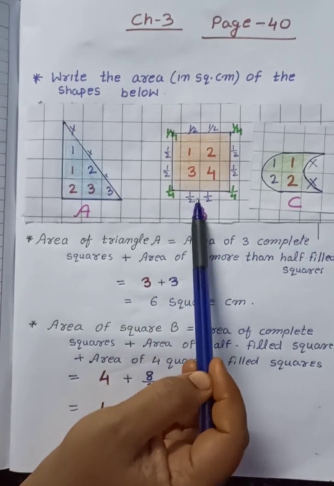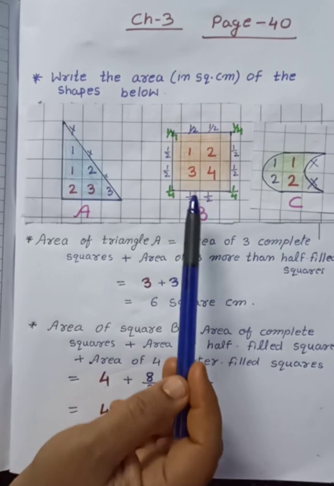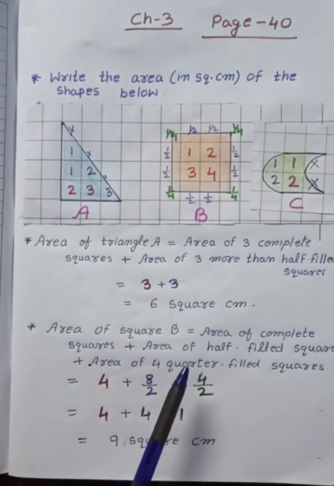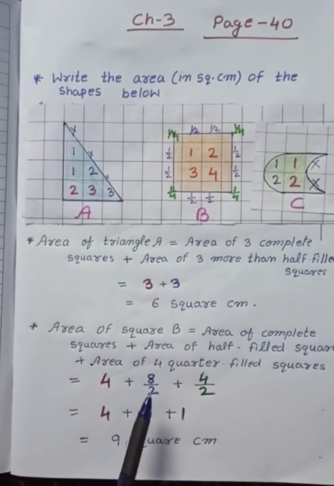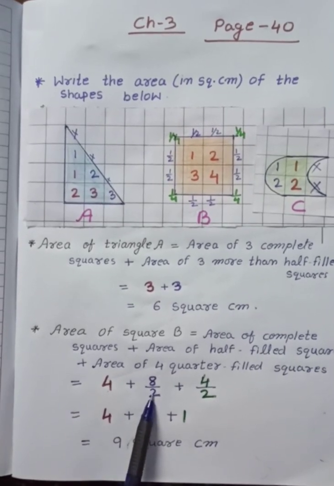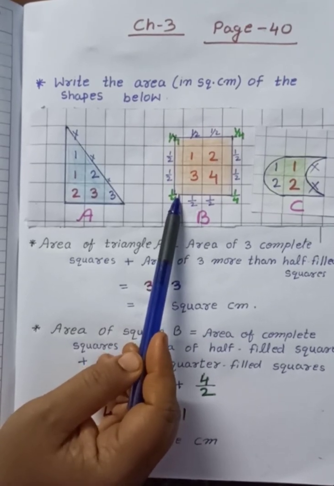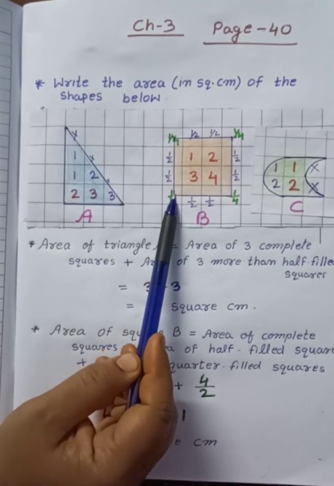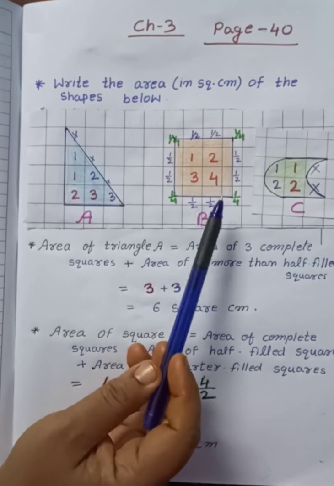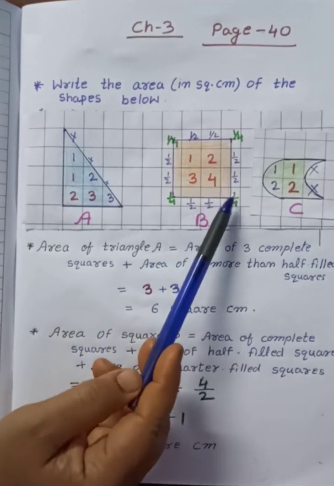So how many total full squares? 1, 2, 3, 4. Or you can write total 8 half squares. So here we will write 8 upon 2. Now children, look at the corner of this square. It is the quarter. Okay, quarter means 1 upon 4.